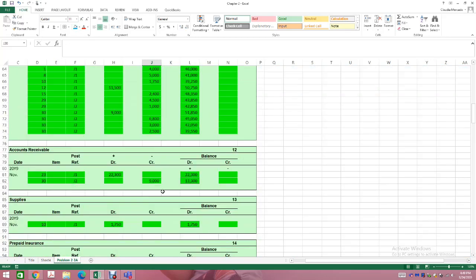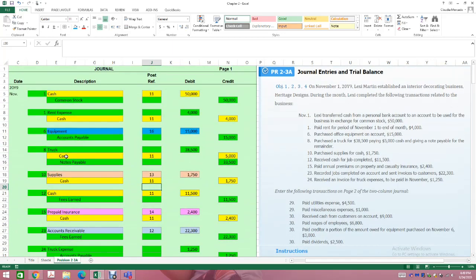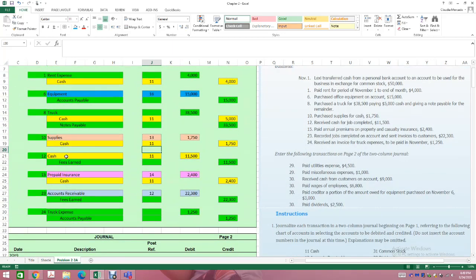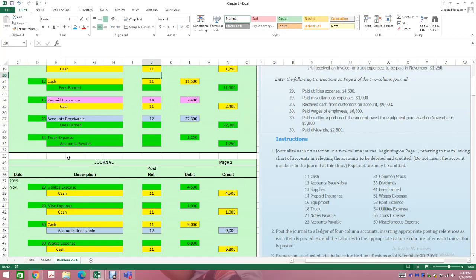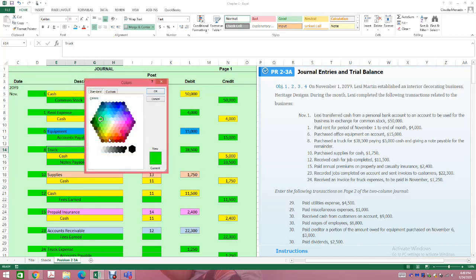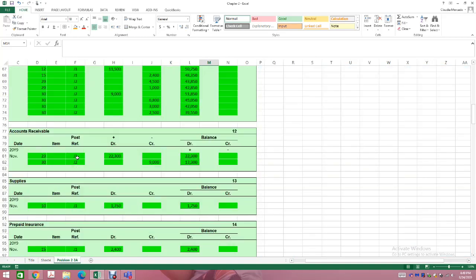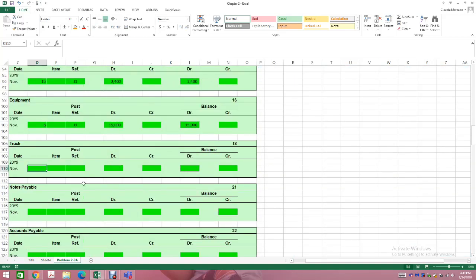The next one we have is which one? We have a truck. Okay, so we need to go look for a truck. Okay, when did we have a truck? So the truck happened right here on the 8th. Okay, so there's my truck for $38,500, and we only had one entry for the truck, and that happened on the 8th. Okay, so my truck happened on November the 8th.